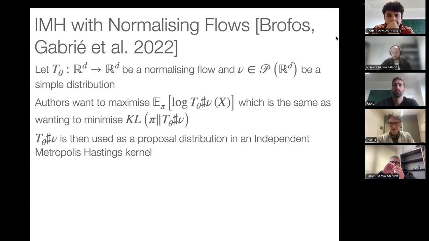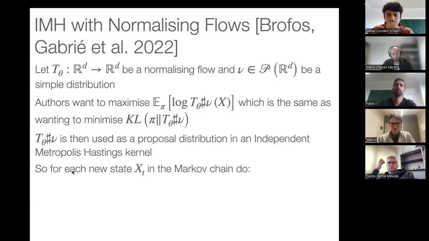Okay. And then our variational distribution, which is just the simple distribution pushed forward through the normalizing flow, is used as a proposal distribution in an independent Metropolis-Hastings kernel. As I said before, don't worry if you don't know what an independent Metropolis-Hastings kernel looks like. For each new state x of t in the Markov chain, this state is sampled approximately from pi.